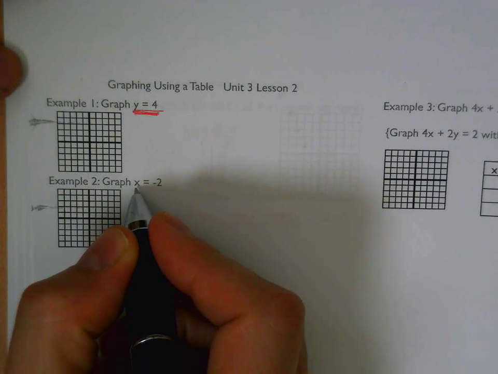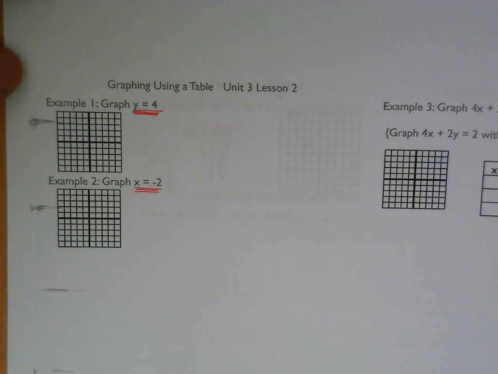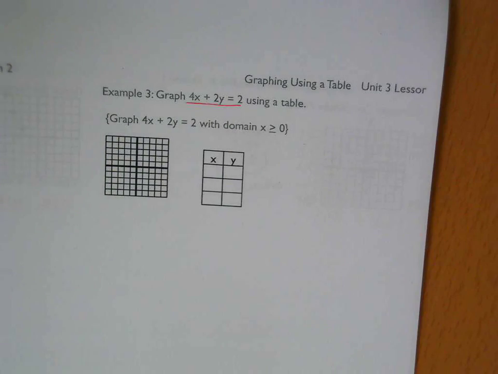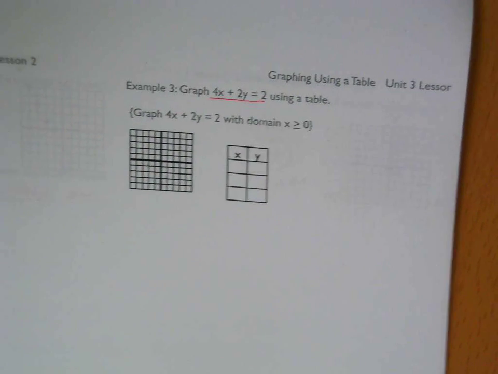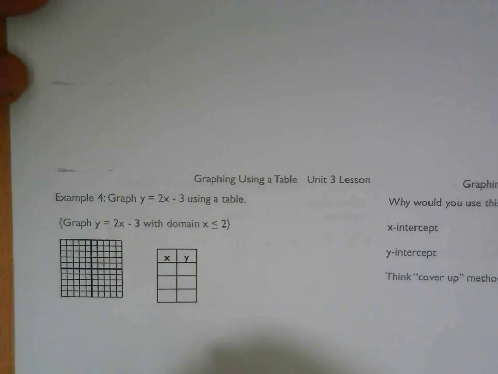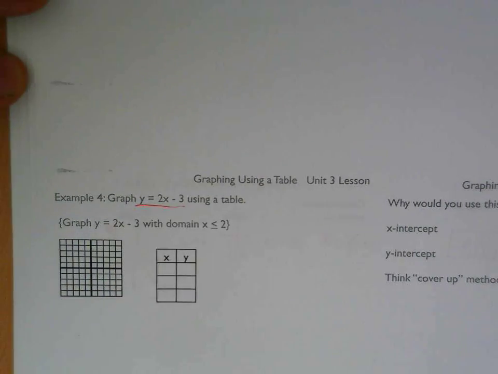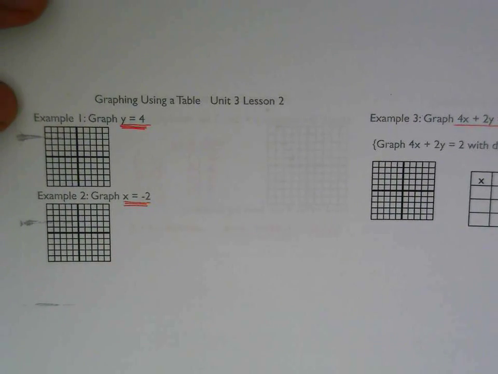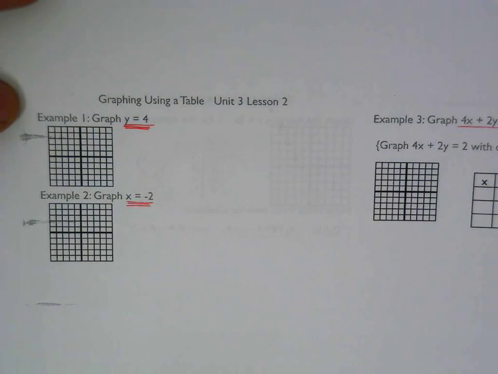We have y equals 4, and then here we have x equals negative 2. Now typically, when you see an equation to graph, you're going to see it in standard form, or you'll see it like this, in slope-intercept form. But these ones aren't really in either form. They're just a little bit weird.